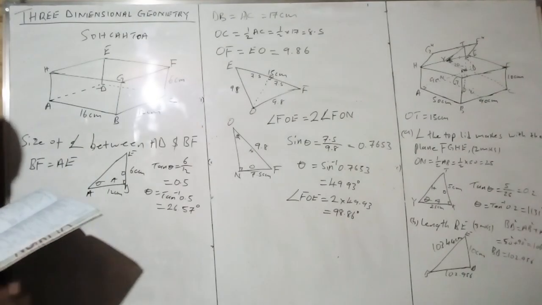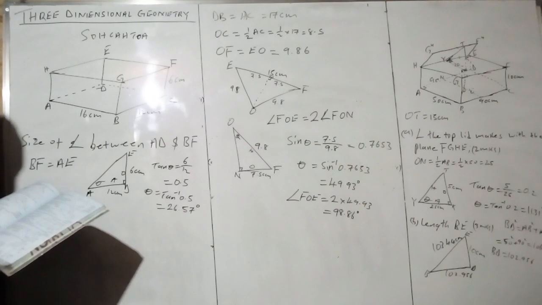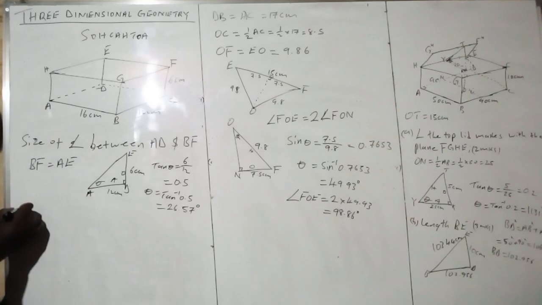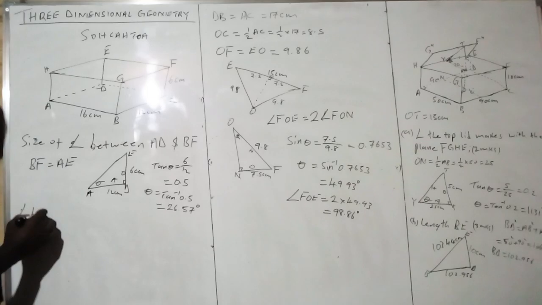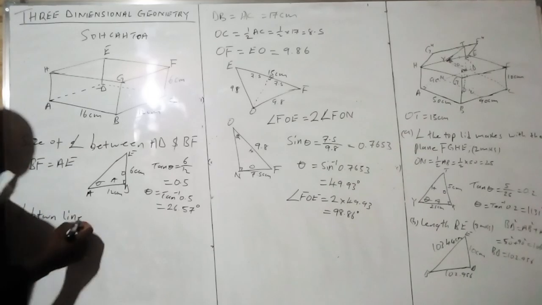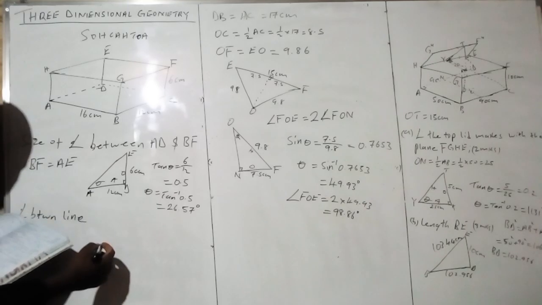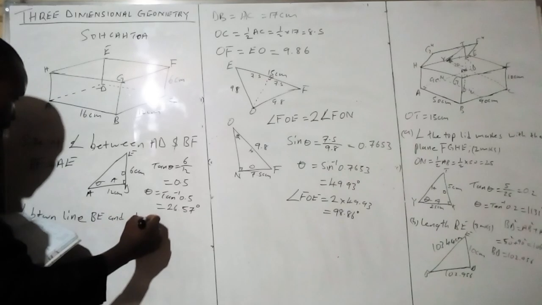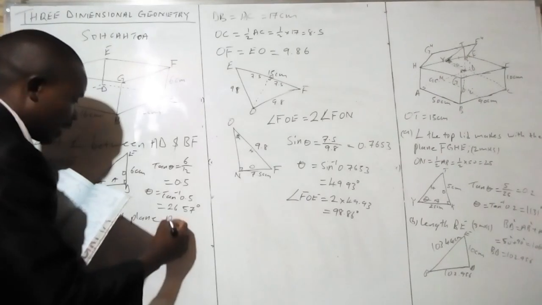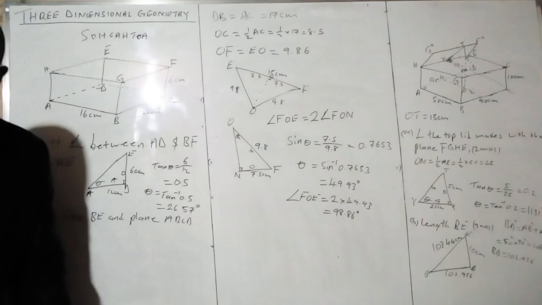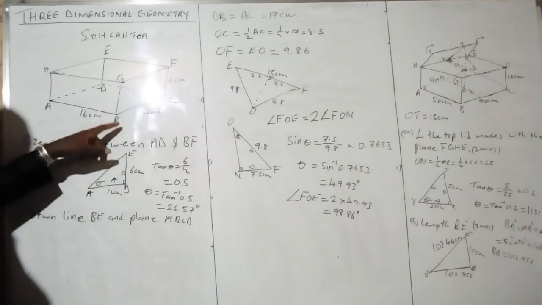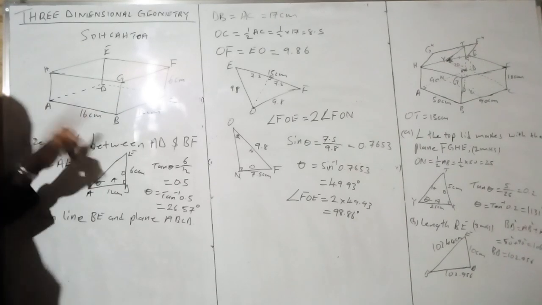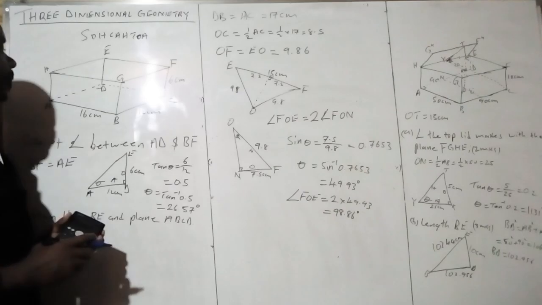Next, the angle between line BE and plane ABCD. This is simple.